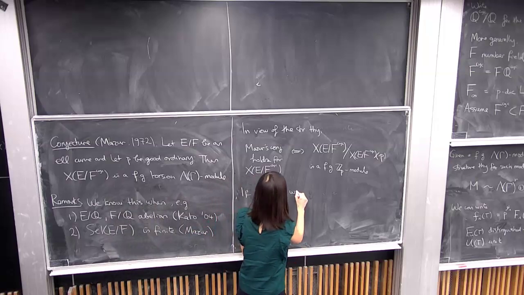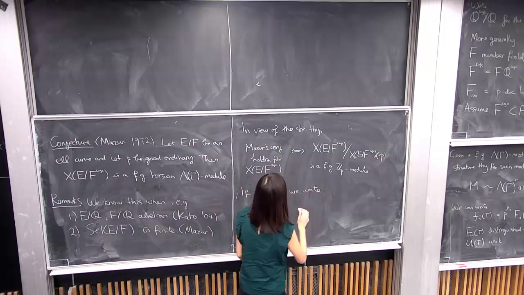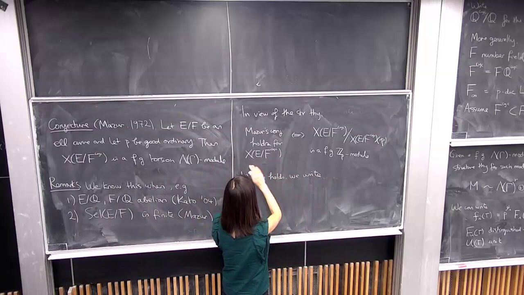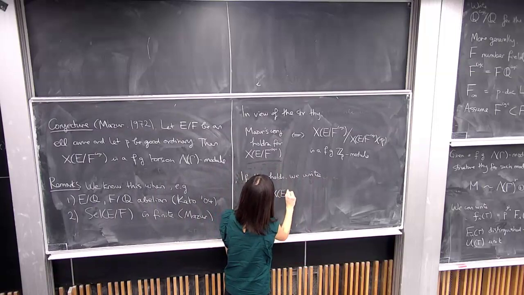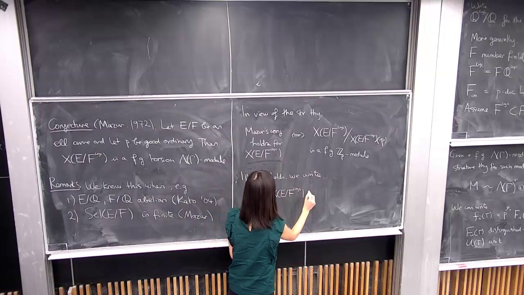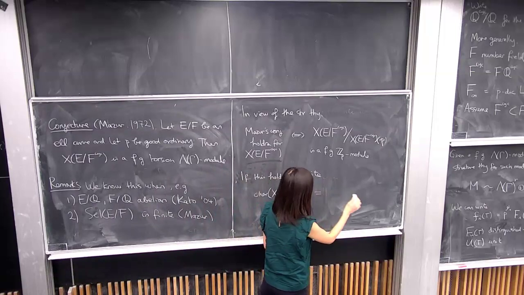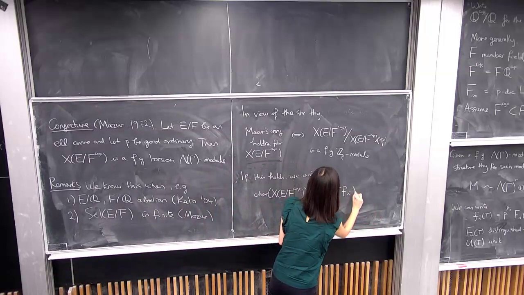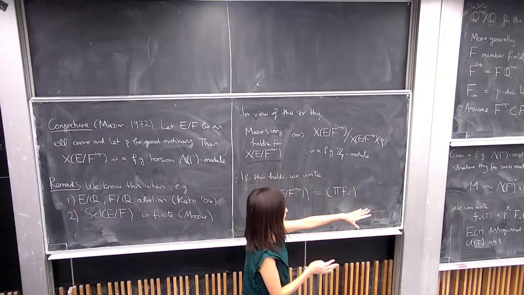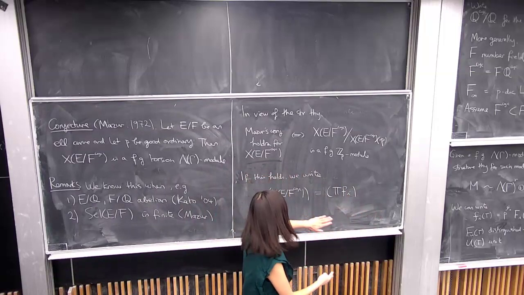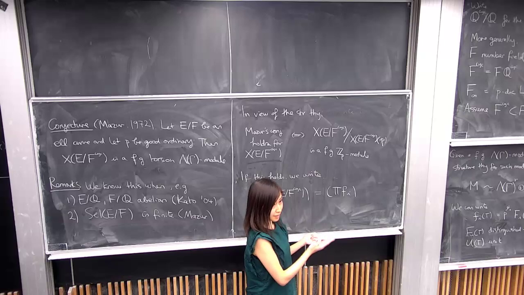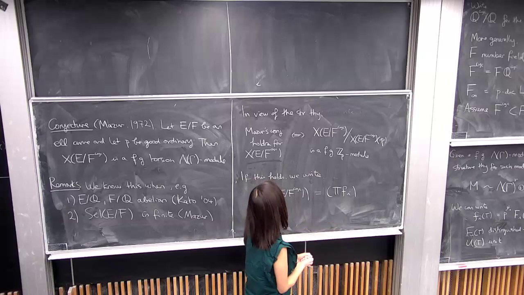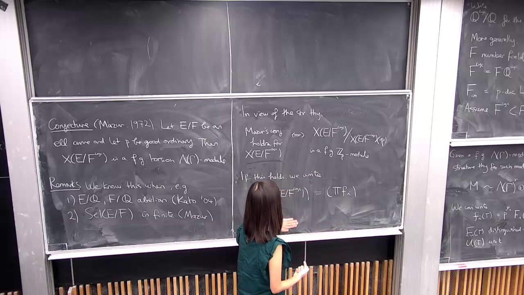So if this holds, we can define a characteristic ideal of this module, which is defined to be the ideal generated by the product of the f_i's. If this were a finitely generated abelian group, this is just the order of the group, the product of the n_i's, the order of the cyclic pieces.